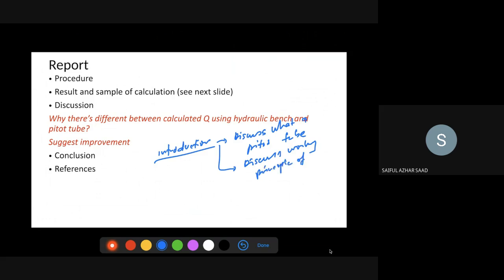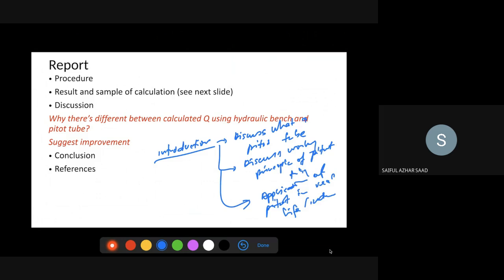And then I will also find the application of the Pitot tube in real life or in the industries. So usually I will write the introduction in about three paragraphs.